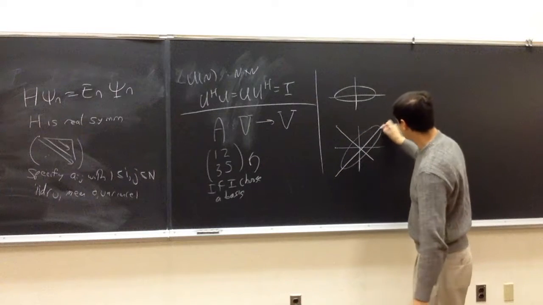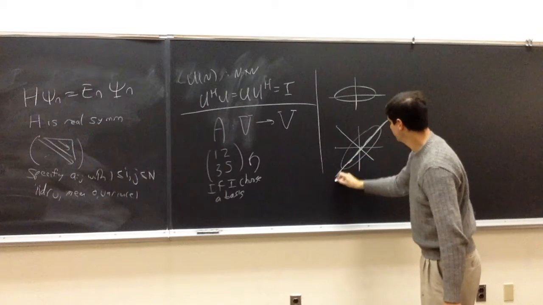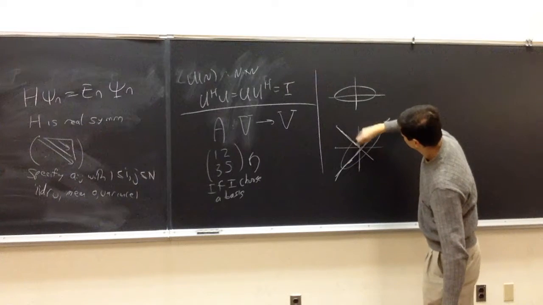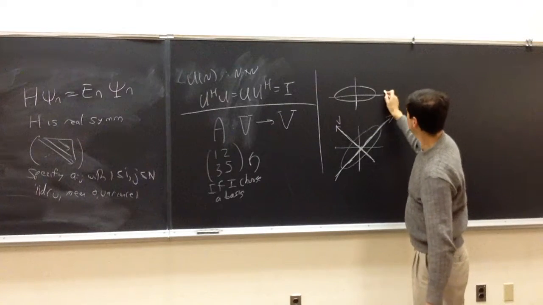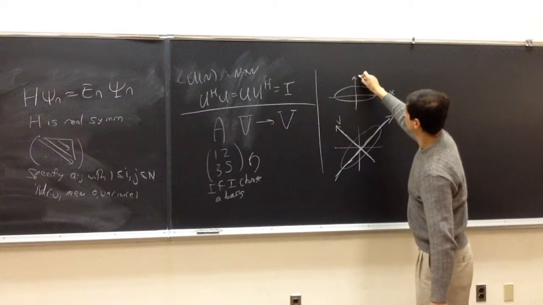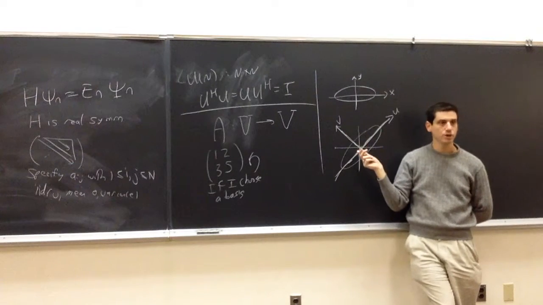You choose a new basis. I'll shade it in so it now goes to the origin. We call this U, we call this V, we call this X, we call this Y. In the UV basis, this is now a really nice equation.